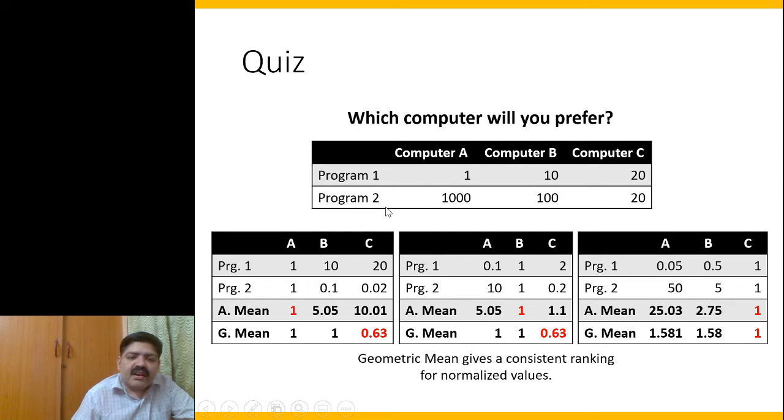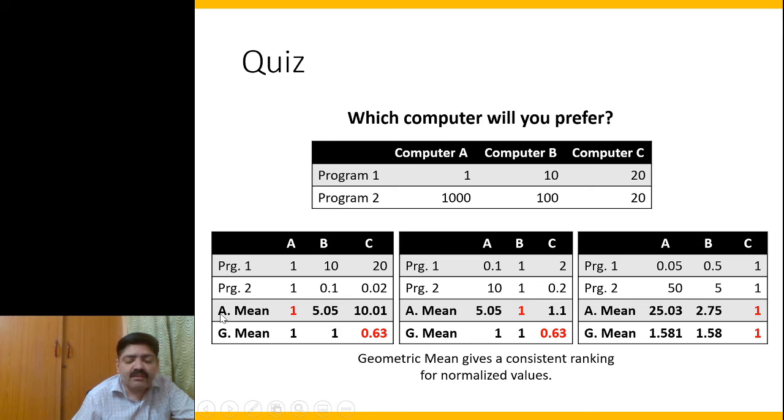If I take the running times on computer A and try to normalize them, that is, I simply divide program 2's time taken by 1000. So I have 1 here, and then 100 by 1000 becomes 0.1, and 20 by 1000 becomes 0.02. So now I have some standard thing to compare with. So A is the same now, and B and C are changing.